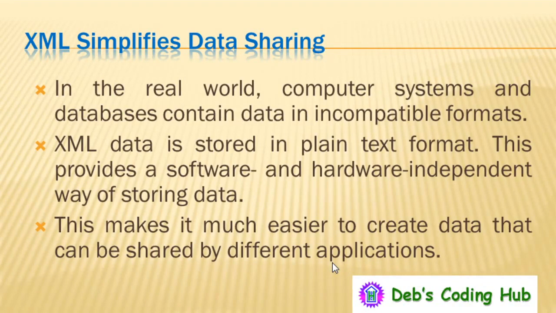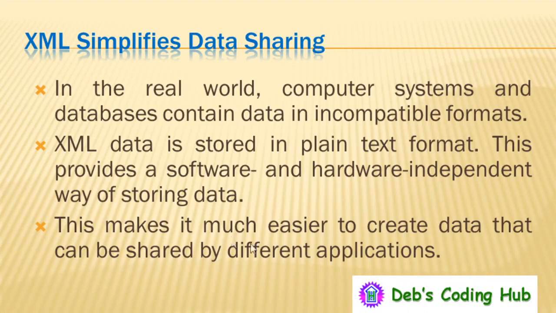In the real world, computer systems and databases contain data that are not compatible with each other. So they are incompatible types or formats. XML data is stored in simple plain text format. This provides a software and hardware independent way of storing and transporting data.